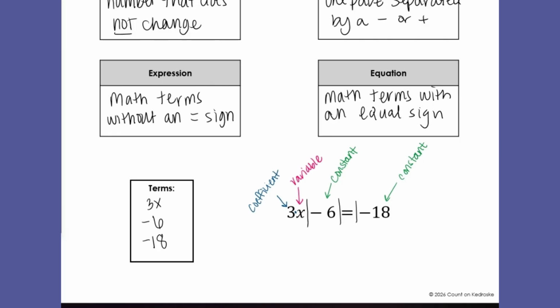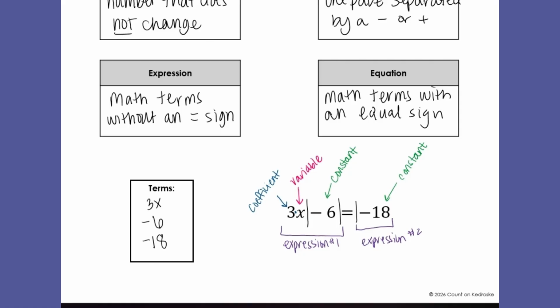So on here, this side of the equation, 3x minus 6, is one expression. And then -18 on the right side of the equation is essentially another expression. So these expressions, remember, don't have equal signs. 3x minus 6 does not have an equal sign. -18 does not have an equal sign.